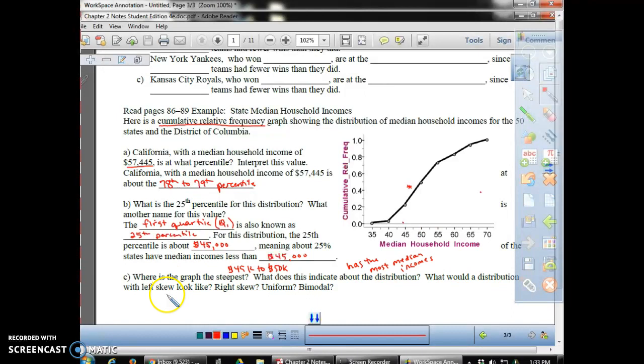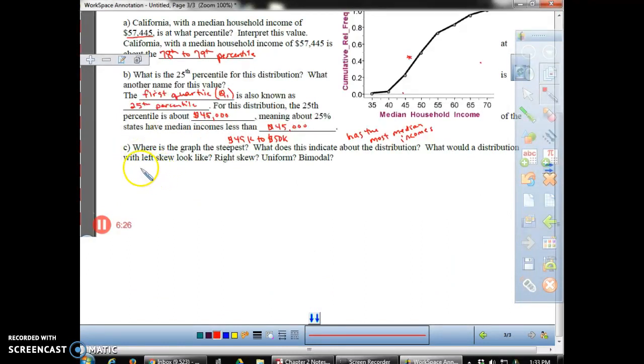Okay, what would a distribution with a left skew look like? So let's talk about that for just a second. So if I have a left skew, let me just kind of draw a left skew. It looks something like this. I just drew a right skew. So left skew would look something more like this. So the tail's off to the left, okay?